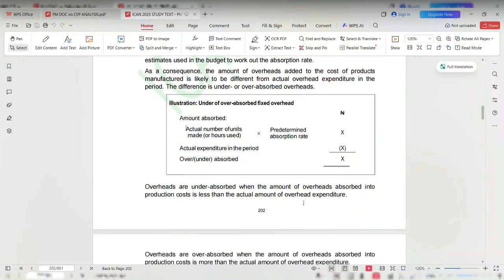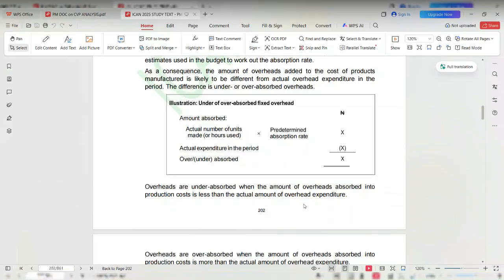All right. Overheads are under absorbed when the amount of overhead absorbed into production cost is less than the actual amount of overhead expenditure.